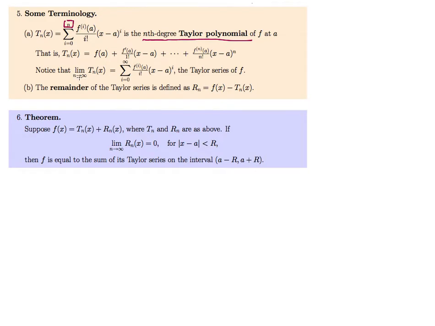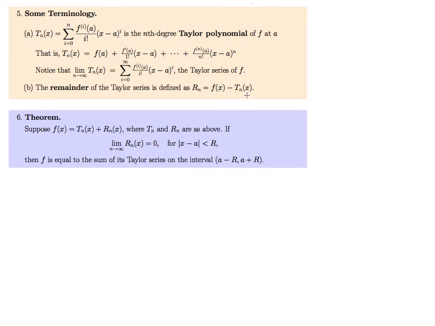If we take the limit as n goes to infinity of the Taylor polynomial, then that gives us just the Taylor series. The remainder of the Taylor series is defined to be the difference between the actual function and the nth degree Taylor polynomial. So you take your function, you subtract off your nth degree Taylor polynomial, and that gives us the remainder of the Taylor series.